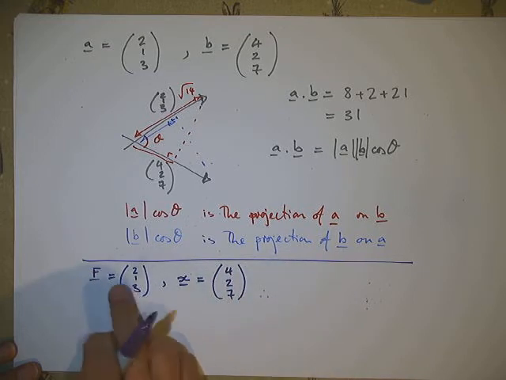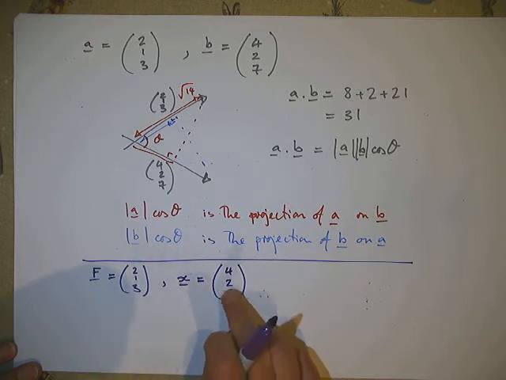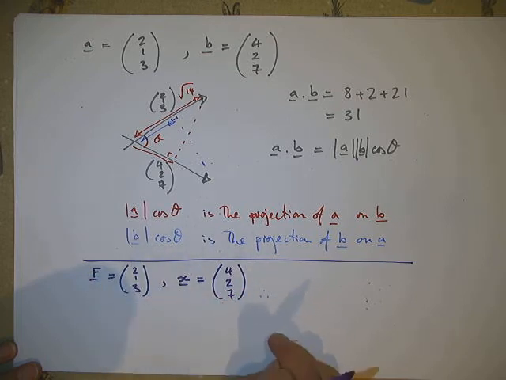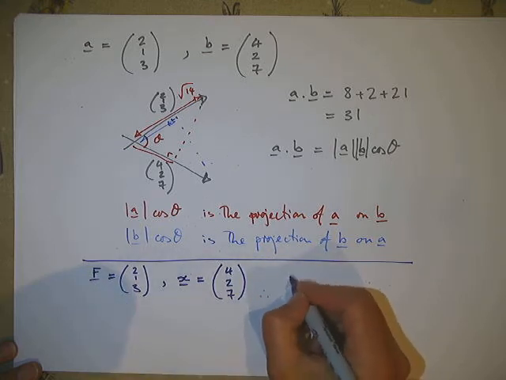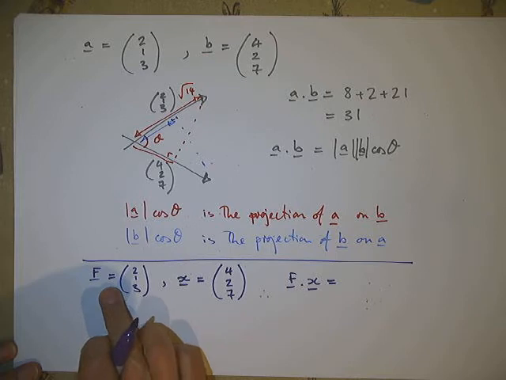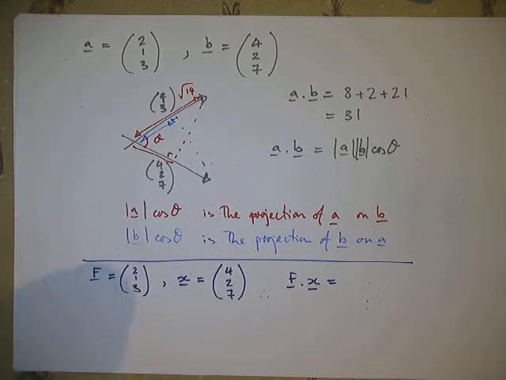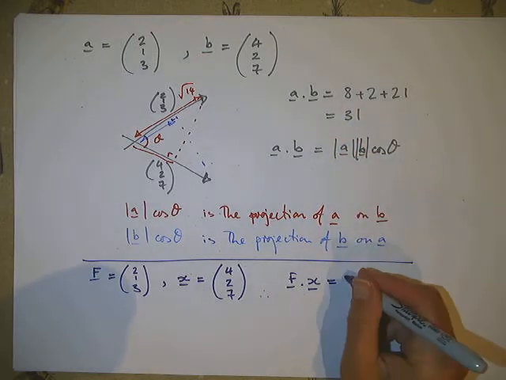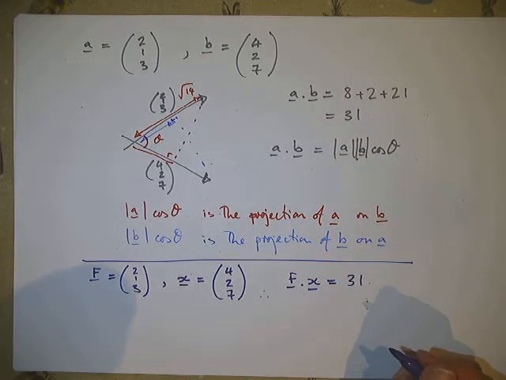So let's say we had a force acting on an object and the object moved under that translation at the same time. F dotted with x, so this vector for a force, this vector for a displacement gives us 31, a scalar.